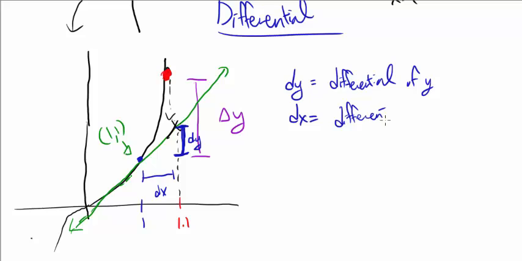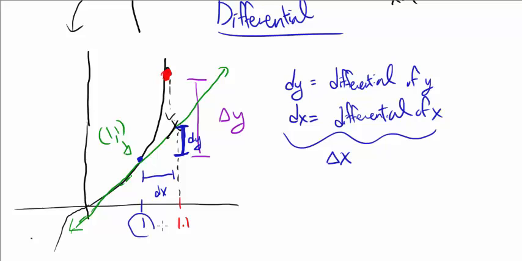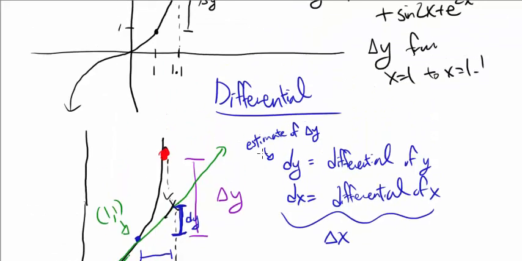The differential of x is basically the same thing as change in x, and we just use dx when we are using the tangent line to specify it's a tangent line, not just change in function. And dy is telling you the change in the tangent line from some value to some value plus dx. It's giving you an estimate. So dy is an estimate of delta y. So that's what differential is.